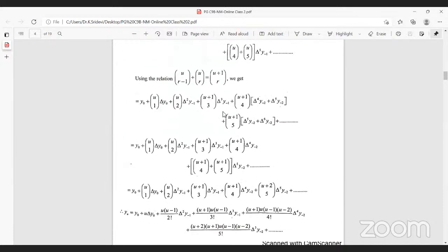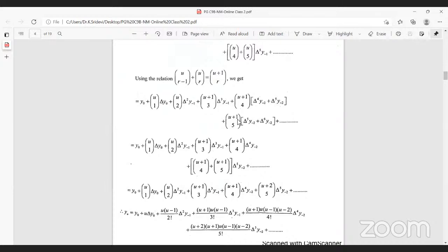Now we are going to simplify this expression. That is y naught plus U1 delta y naught plus U2 delta square y minus 1 plus U plus 1 C3 delta cube y minus 1 plus U plus 1 C4 delta to the power 4 y minus 2 plus, here you take common delta to the power 5 y minus 2 from both the terms.